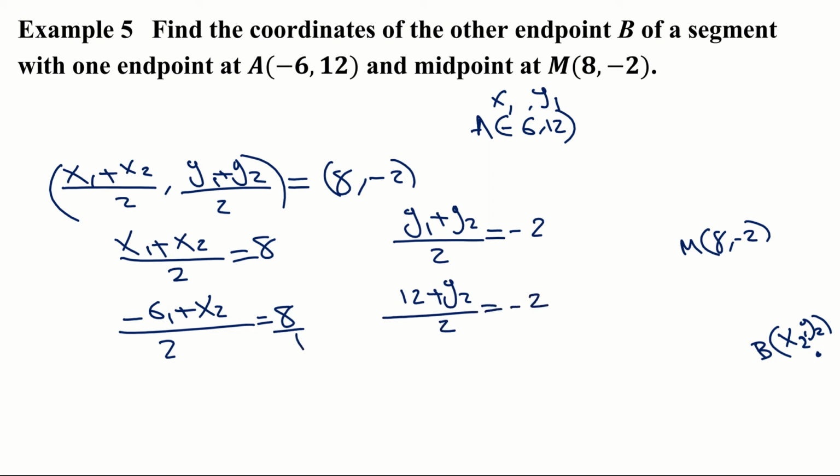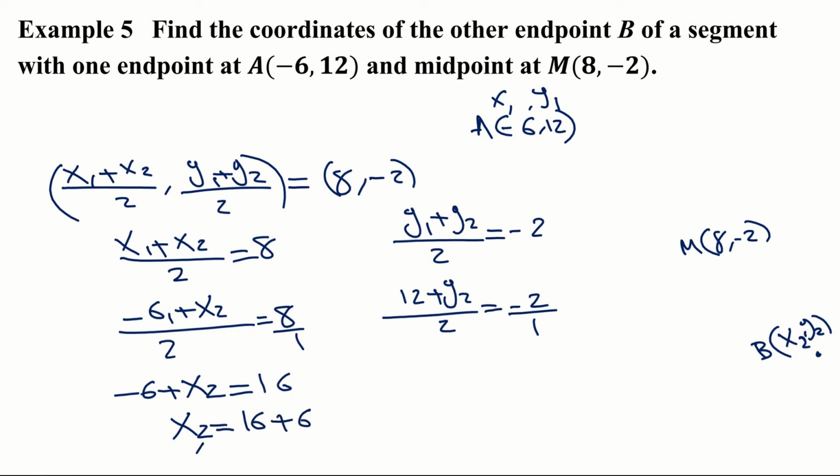If we throw a 1 under the 8 and the -2, we can cross multiply. So we get -6 plus x2 equals 16. So x2 is equal to 16 plus 6, right?